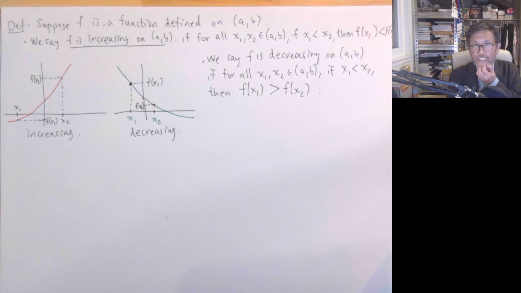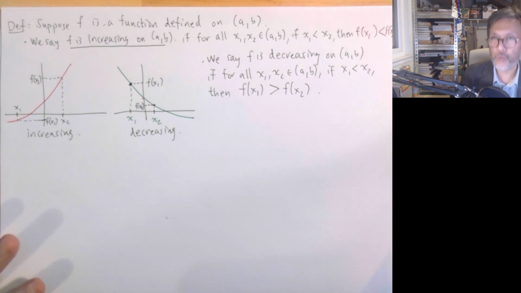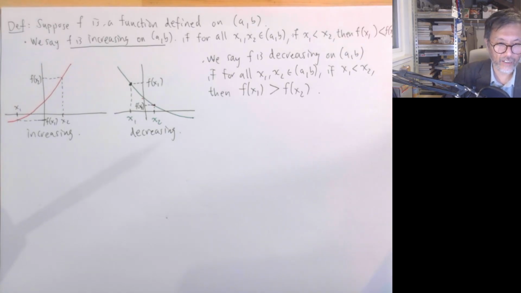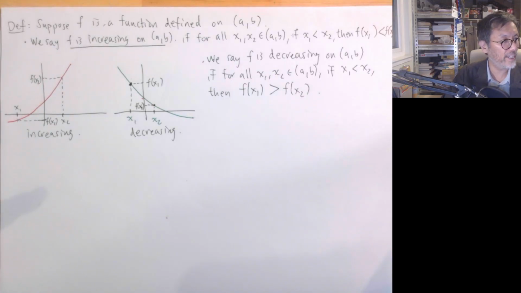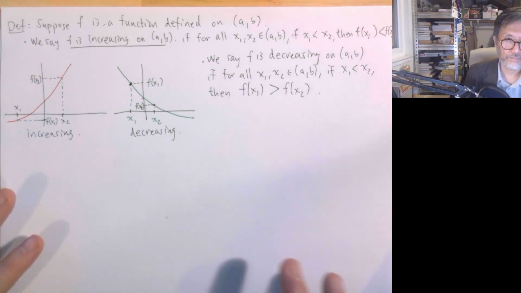This is the fancy way, the mathematically rigorous way of defining the intuitive concept that when you read from left to right, you see the values of y increasing or decreasing. I hope that's clear. Okay, excellent.